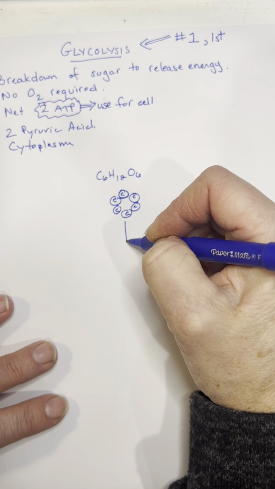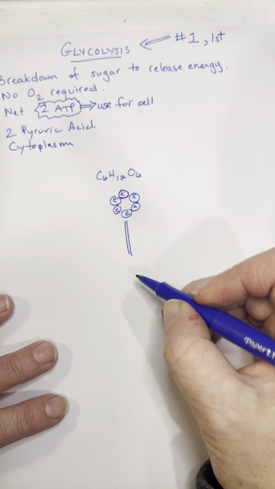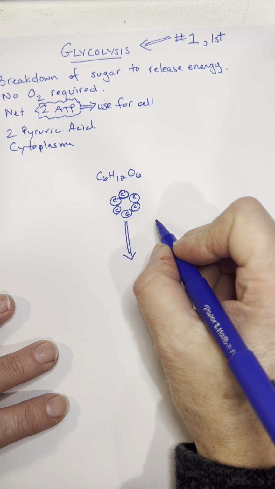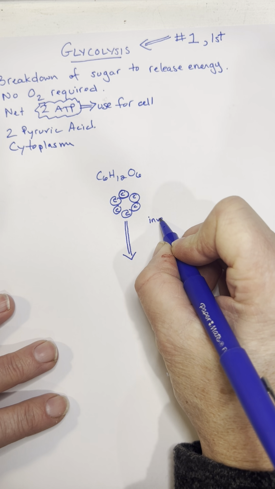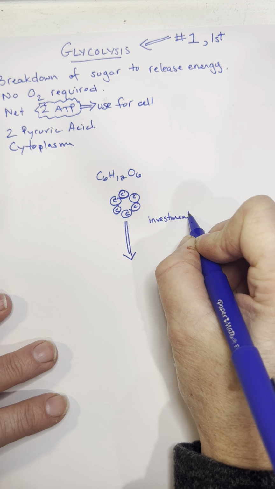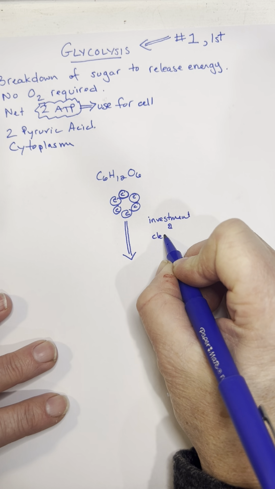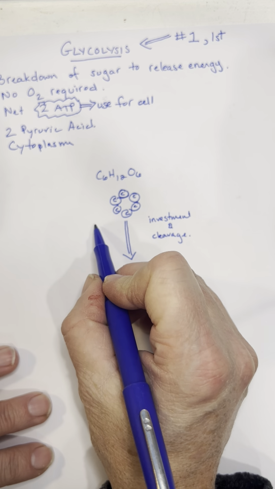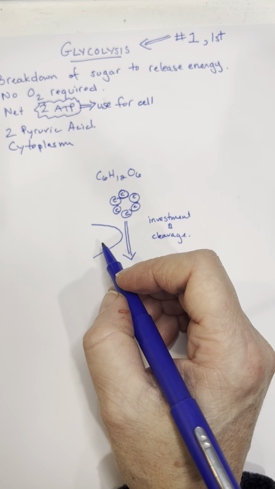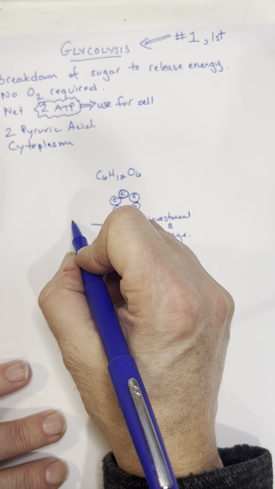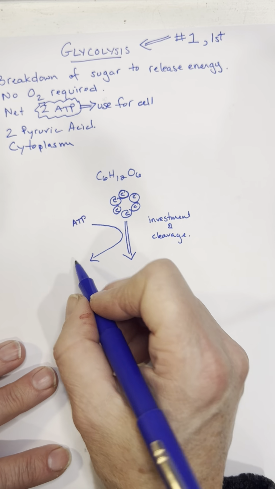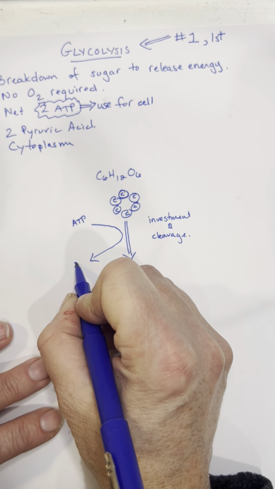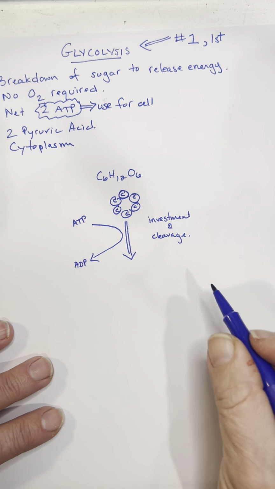The first part of this is going to be an investment in cleavage. And what's happening in the investment in cleavage phase here is that energy is going to be used. We'll invest some energy in the form of ATP, and that produces our byproduct of ADP.